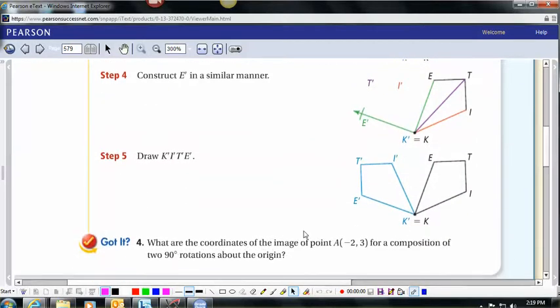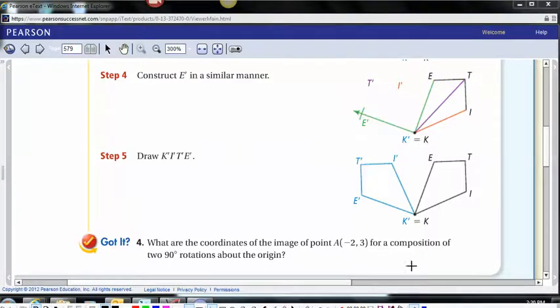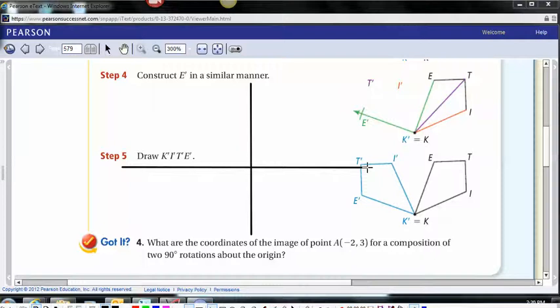All right, this got it question. What are the coordinates of the image of a point A at -2, 3 after a composition of two 90-degree rotations about the origin? So if it's two 90-degree rotations, how many degrees is it going? It's going 180 degrees.